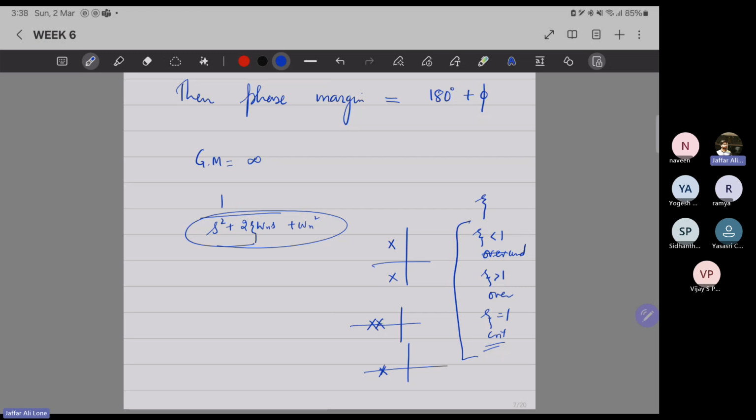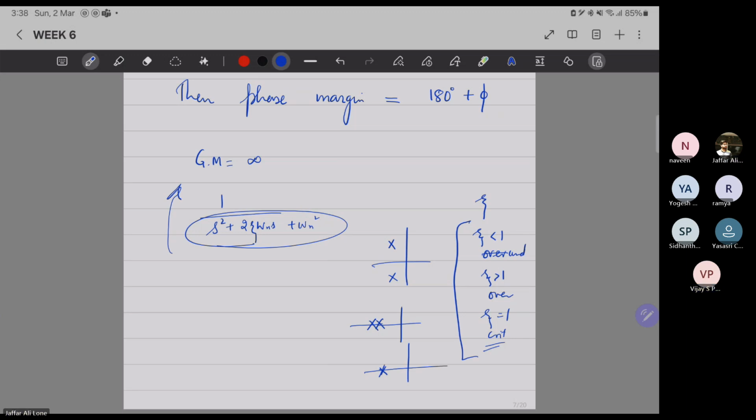So what does it mean? It means my second order system is always stable. So the gain margin of a second order system is infinity. Wherever you see a second order system, you should know that its gain margin will be infinity, right?